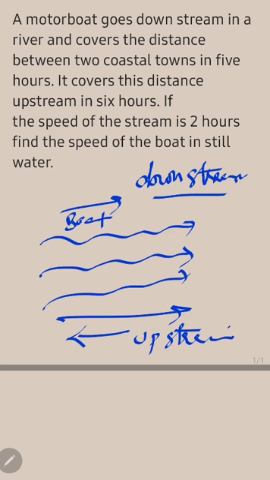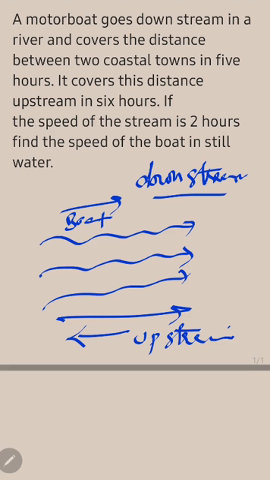So whenever the boat is traveling in the same direction as the water, the time taken to cover the distance is less than when traveling upstream. Whenever the boat is traveling upstream, the time will increase. Why? Because when the boat is traveling downstream, the water speed is also included with the boat.